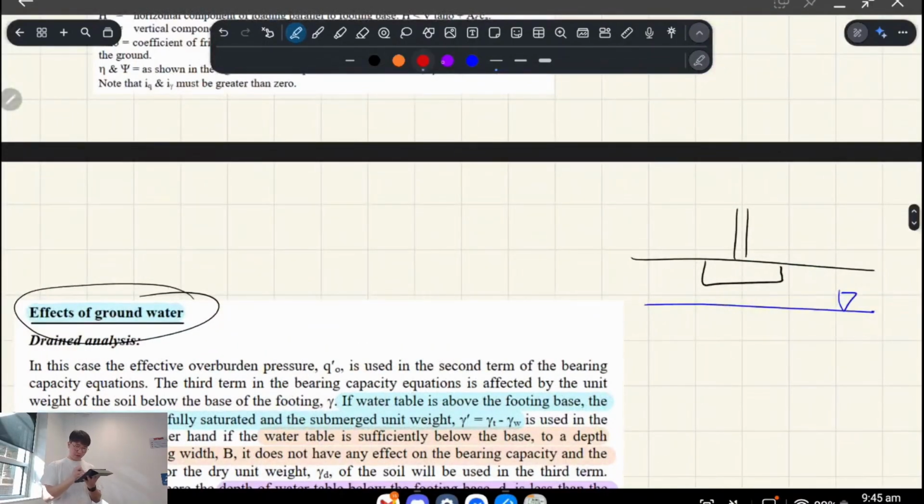The depth from the surface to the base of your footing, we call that uppercase D. That's the depth of embedment, so from the surface of the soil to the base of your footing is uppercase D. Now in this particular formula, from the base of your footing to the top of the water table, that is lowercase d.